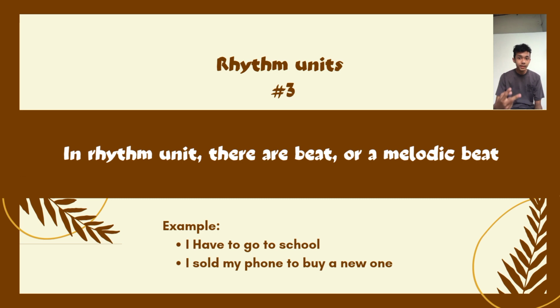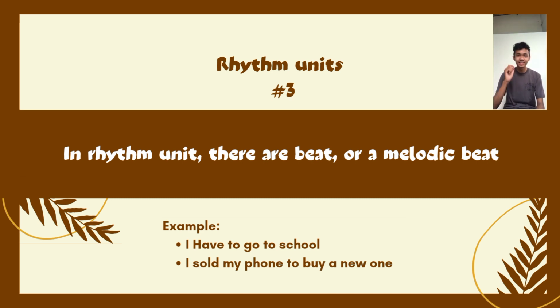The grammar words are the words necessary to make what you speak grammatically correct. Let me give you an example. I sold my phone to buy a new one. I sold my phone to buy a new one.